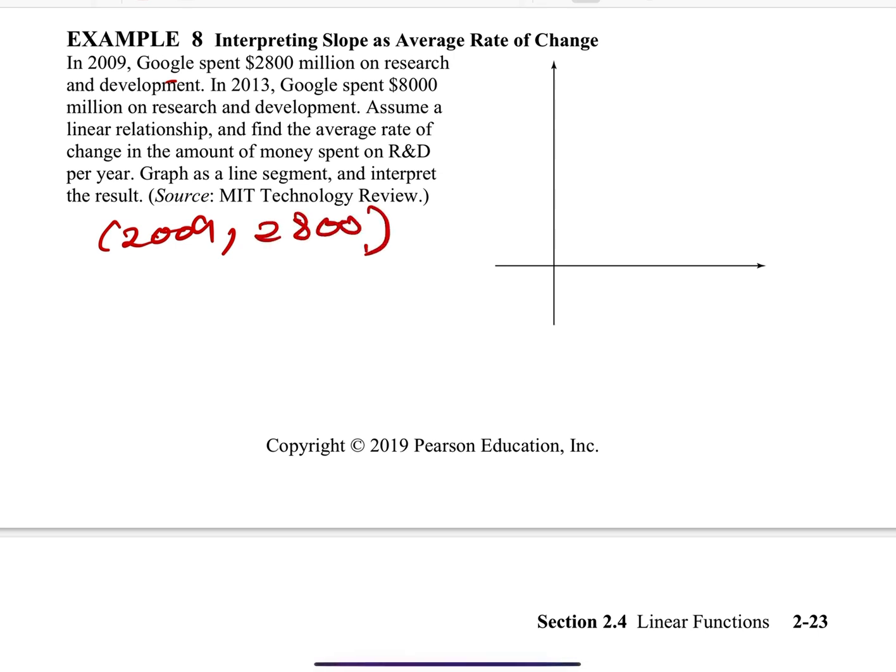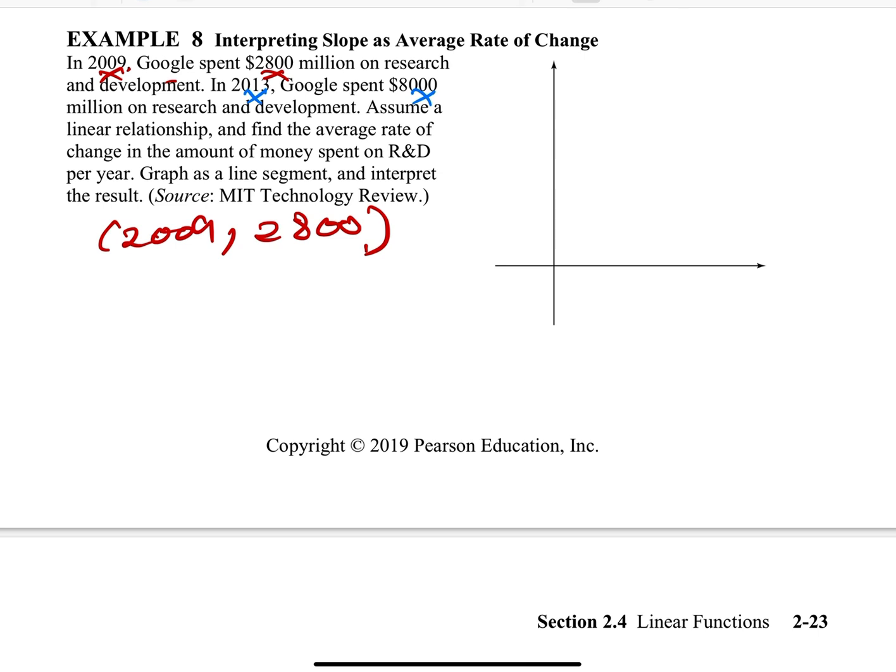That's 1 point. And now look at here, 2013 and 8,000.